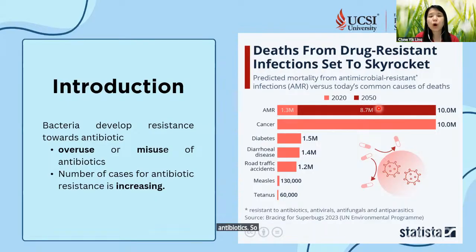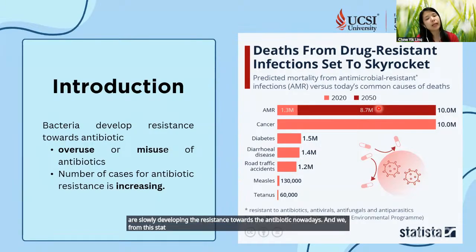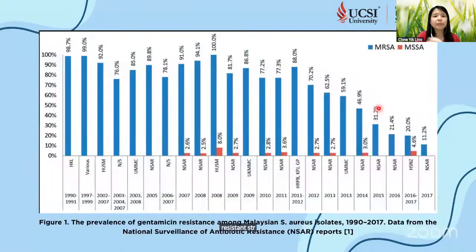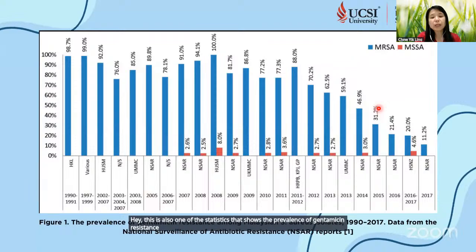These are the two common reasons why bacteria are slowly developing resistance towards antibiotics nowadays. From these statistics, we found that the number of cases of antibiotic resistance is increasing year by year. So this is why we are expecting up to 8.7 million deaths due to antibiotic-resistant strains.